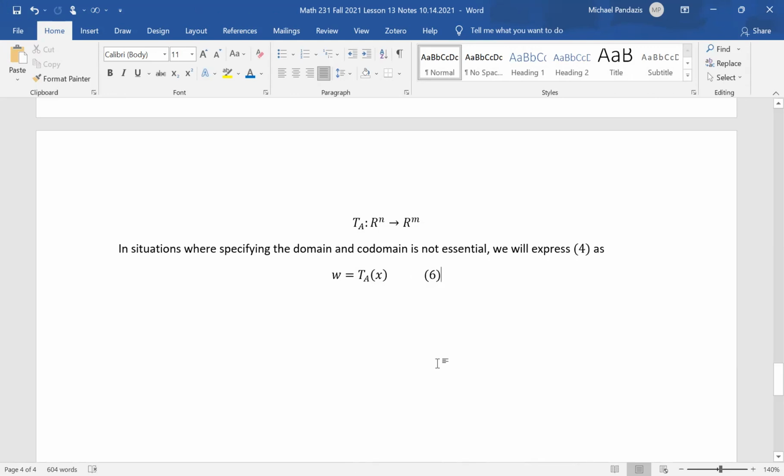And so this is the function T sub A, the matrix transformation T sub A.